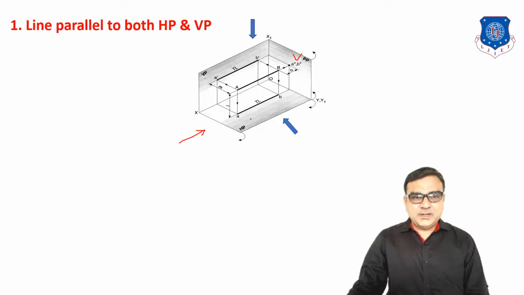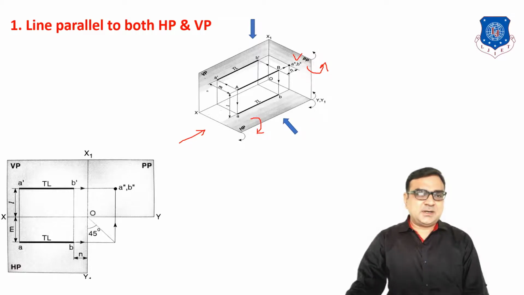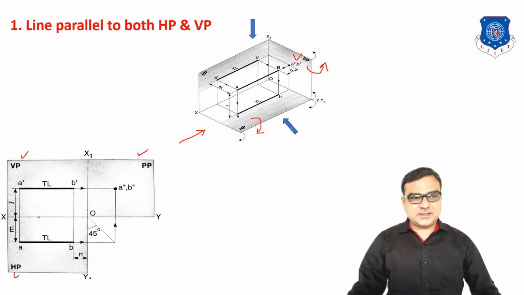Now we have to incline this horizontal plane 90 degrees clockwise and the profile plane 90 degrees like this. Then the three planes VP, HP and profile plane are in the same plane. So the projections obtained on the three principal planes, vertical plane, profile plane, and horizontal plane, look like this.